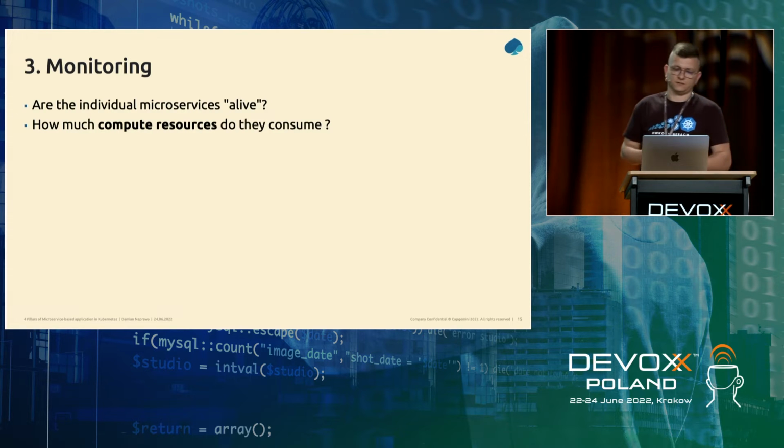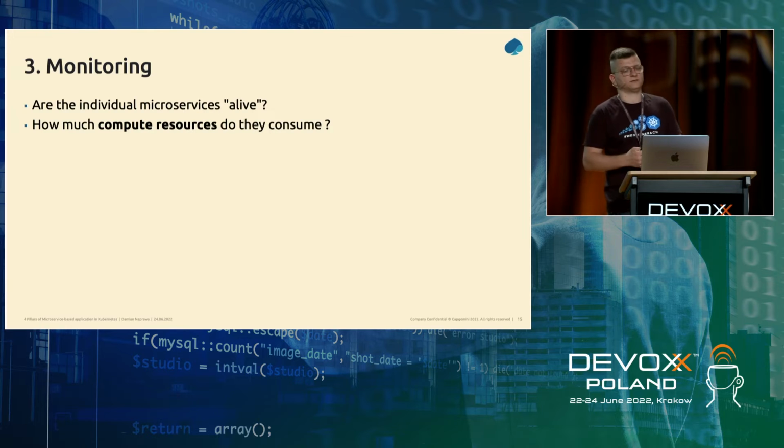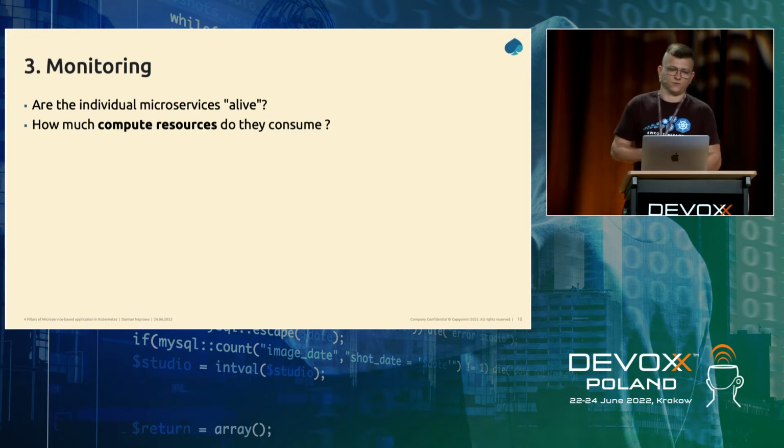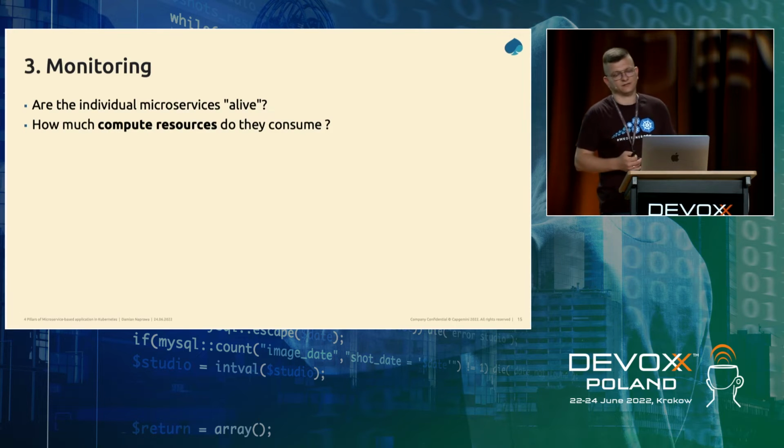Why is it important? It's also a kind of blocker for something we do not expect in our systems, right?